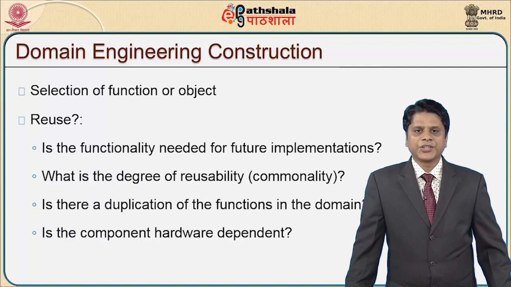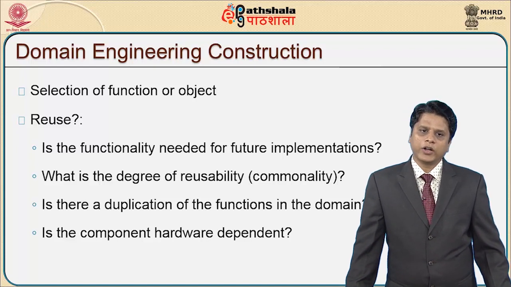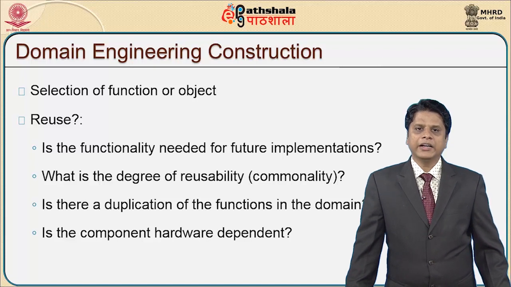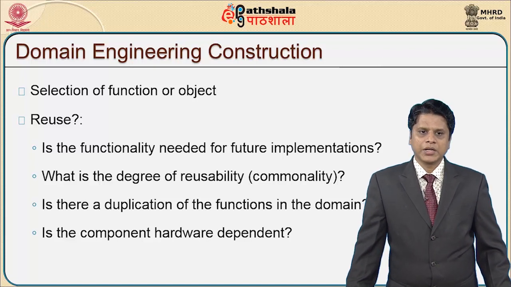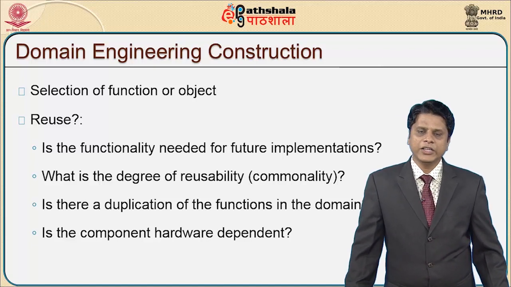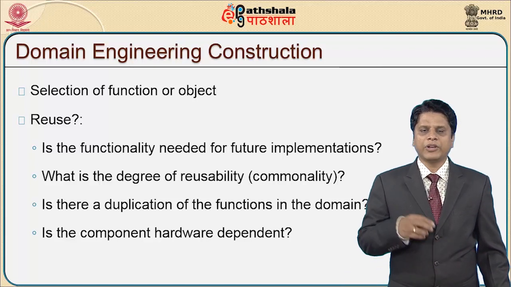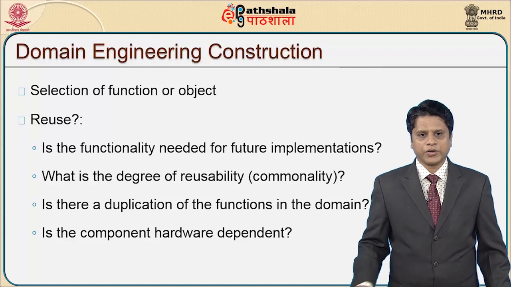This is for domain engineering construction, where we may have to select a function or an object. So what is to be reused? Is the functionality needed for future implementations? What is the degree of reusability? Sometimes we may have to assure how much percentage of work is to be reused, or the degree of reusability or commonality of the features that this system will have from earlier versions of the software.